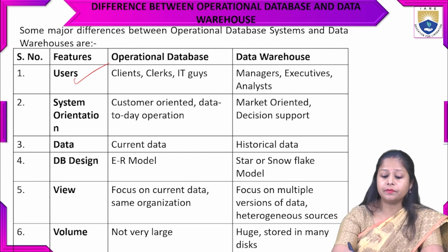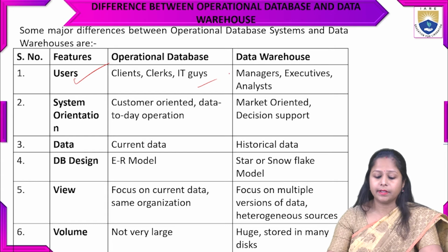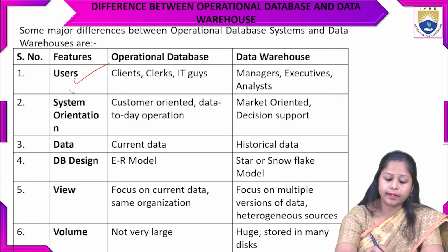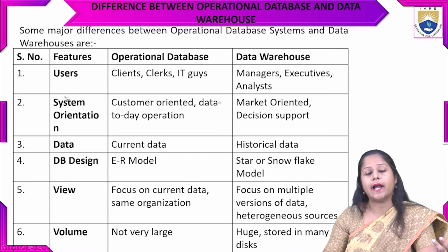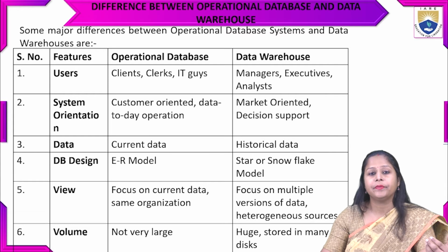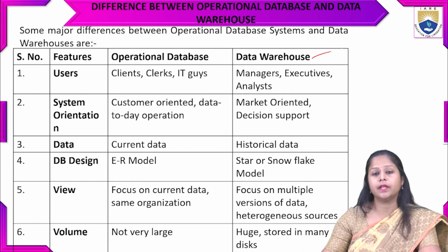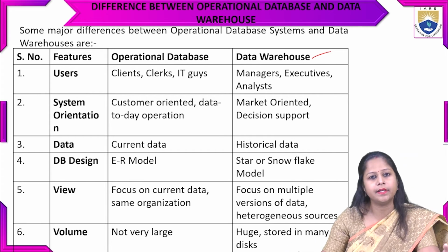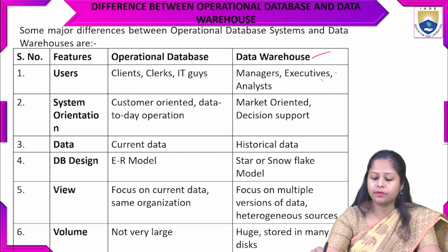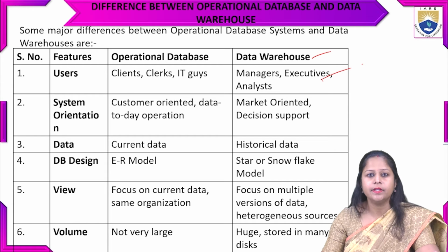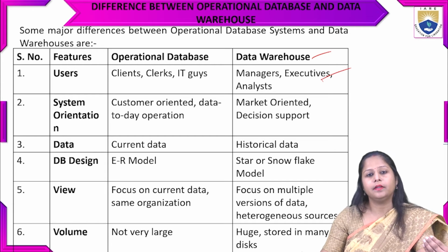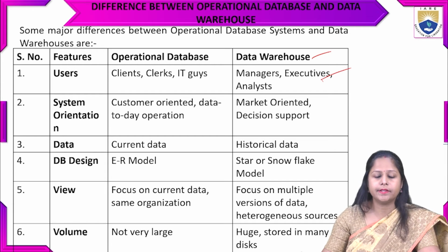For the operational database, the users will be clients, clerks, and IT people who use that operational data in their queries. In the data warehouse, there will be managers, data warehouse executives, and data warehouse analysts, who are going to take the data for their analysis.